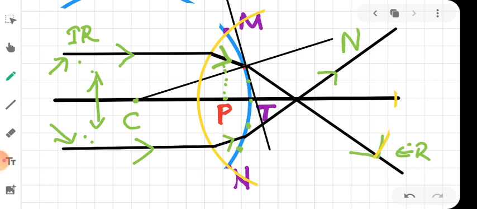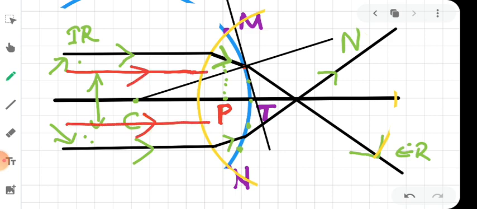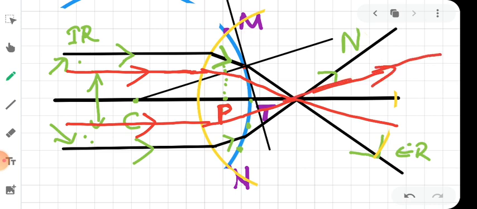All rays equally distant above the principal axis will behave symmetrically. That's a very good thing, because it adds to our convenience. So now you can see any rays entering the lens tend to converge. That is why we called this lens a convergent lens.